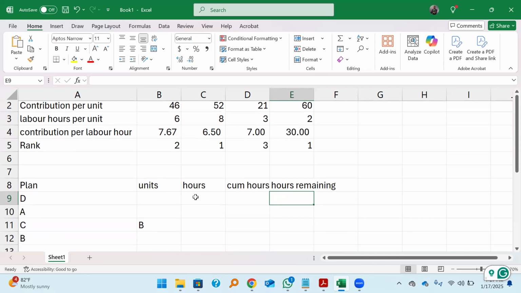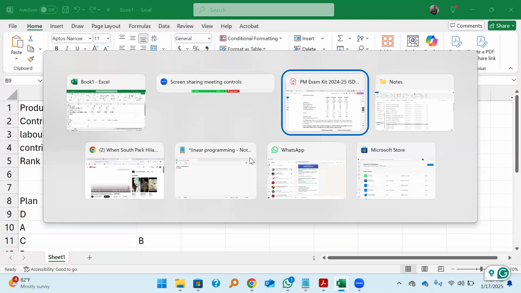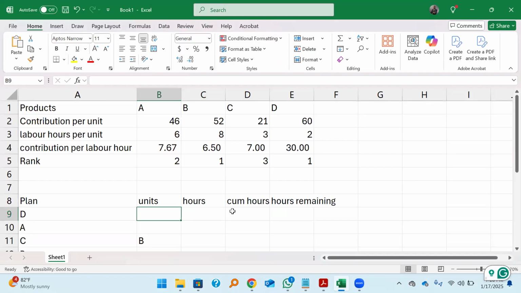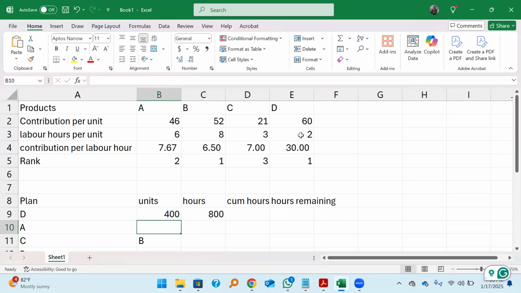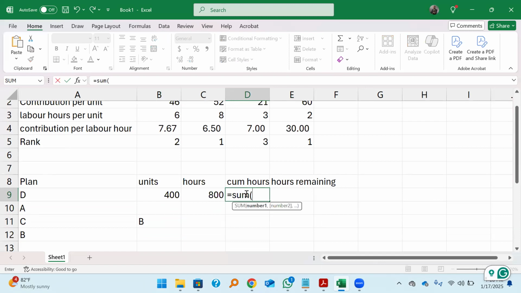So if we are going to start with D, it means that we are going to produce all of D, because for D we can make 400 units. How much do they consume? They will consume 400 multiplied by 2 hours per unit, which gives us 800. Then cumulative hours, we sum up the hours that we have used so far.